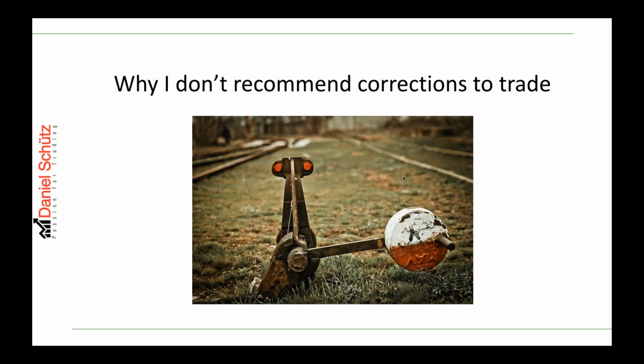And corrections can be ugly, and therefore, as a beginner, I recommend once again to keep your hands off the corrections. But the topic today is not to learn the perfect wave count, but how I can use the Elliott Wave principle for my own trading.